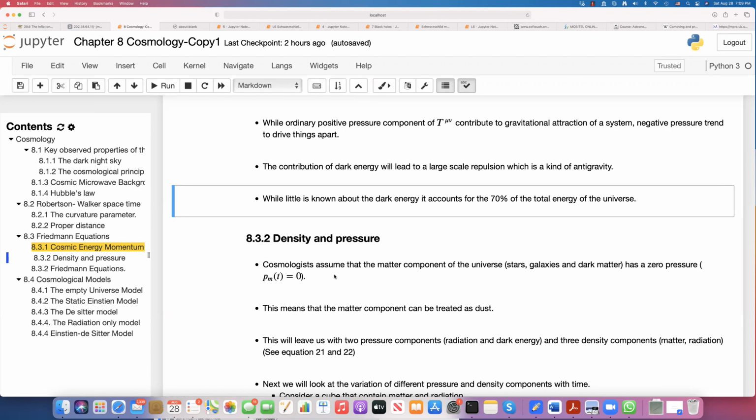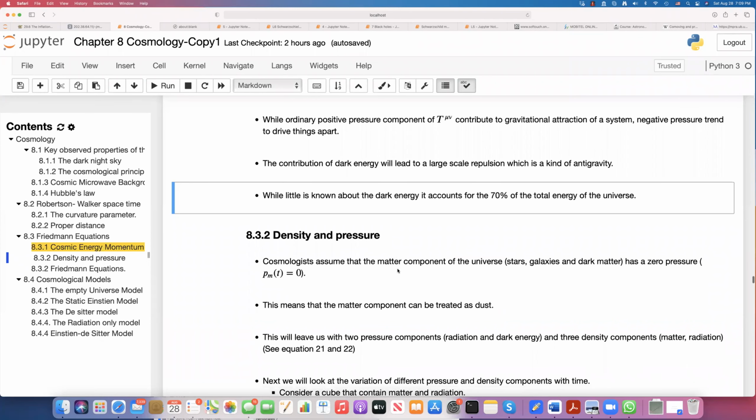I think we have discussed this earlier in the chapter about Einstein's equation, so I'm not going to discuss it in much detail here. Now this will leave us with two pressure components and three density components in equations 21 and 22, right?